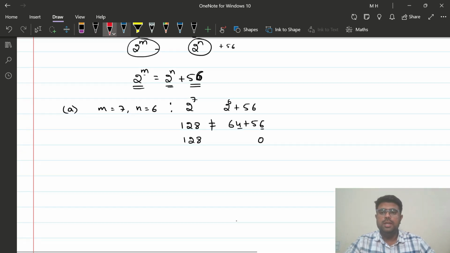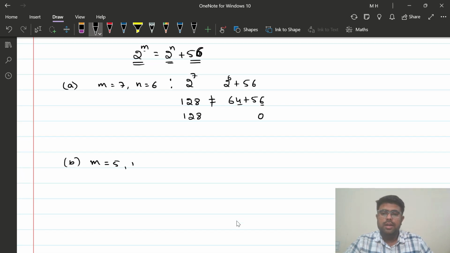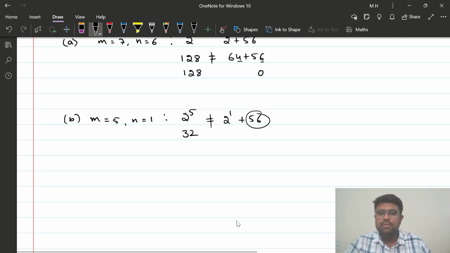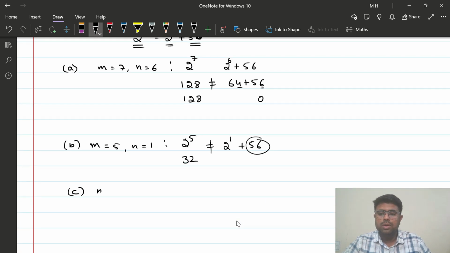Next, coming to option B. What does option B say? m equal to 5 and n equal to 1. Let's see: 2 raised to 5 is 32, and 2 raised to 1 plus 56 is already 58, so these two are not equal, of course. Next is option C. Option C says m equal to 6 and n equal to 3.